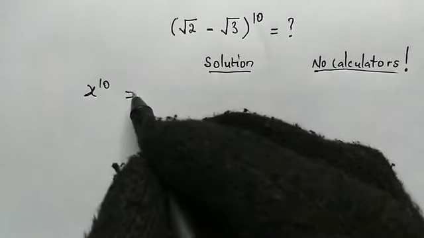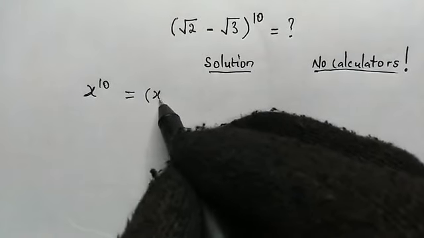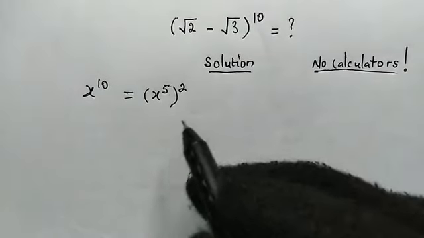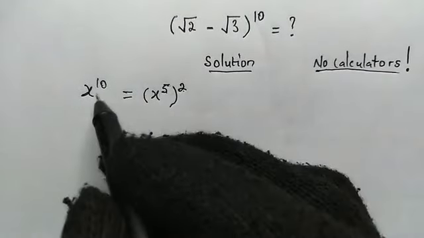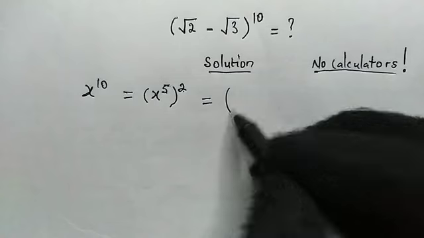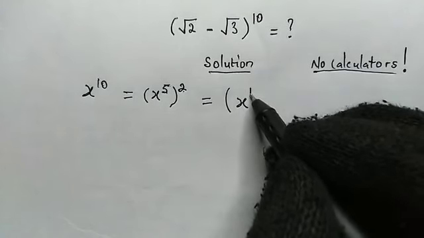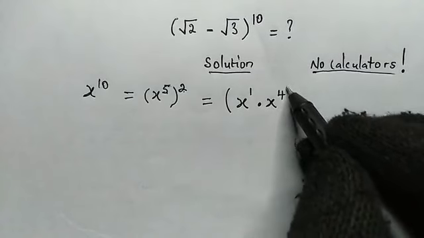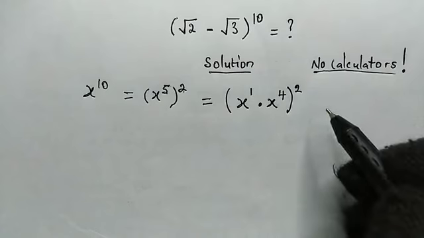which you know is the same as x to the power of 5 to the power of 2, because we know that 5 times 2 will give us 10. Then this is also equal to, in the bracket here, x to the power of 1 multiplied by x to the power of 4, then all squared.